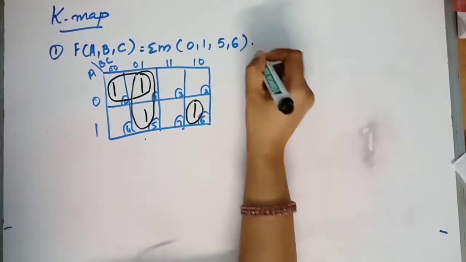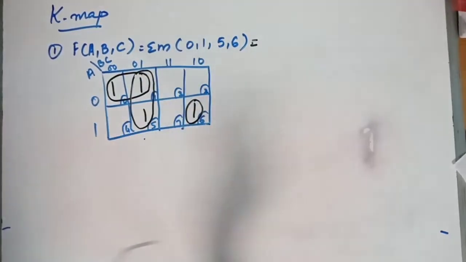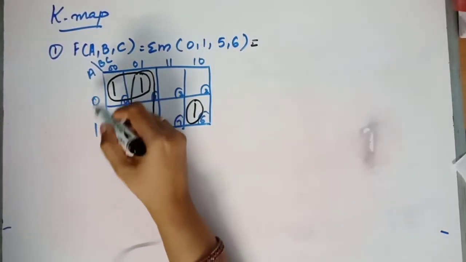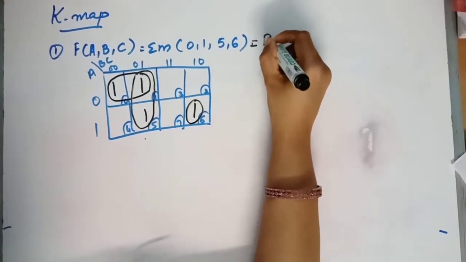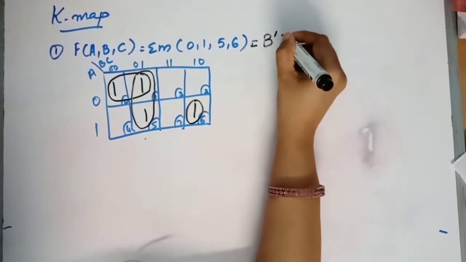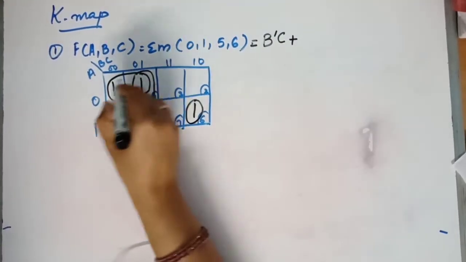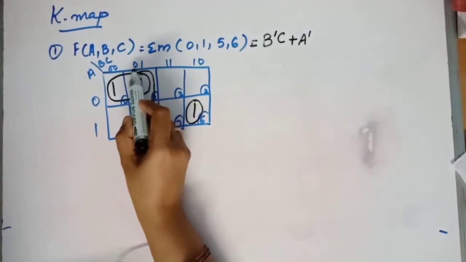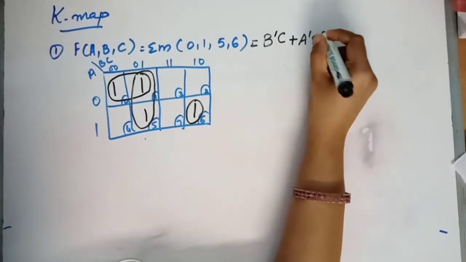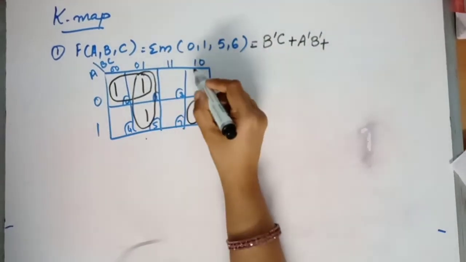So the answer will be, for this particular group, A is not common, only B and C is common for those two ones. So that is B bar C, plus this group A bar B bar, plus this one A B C bar.